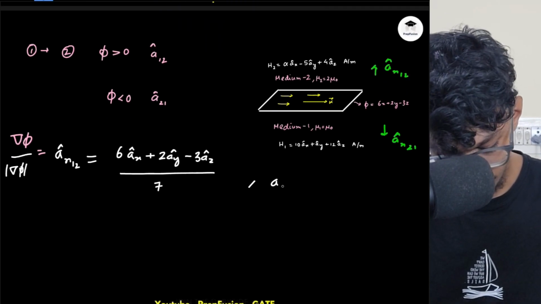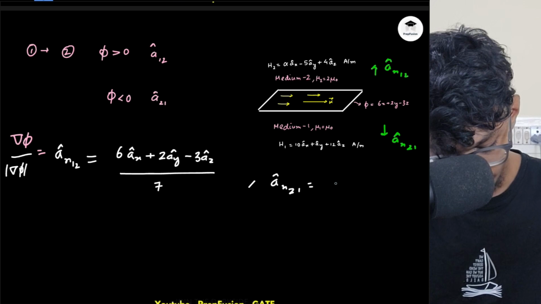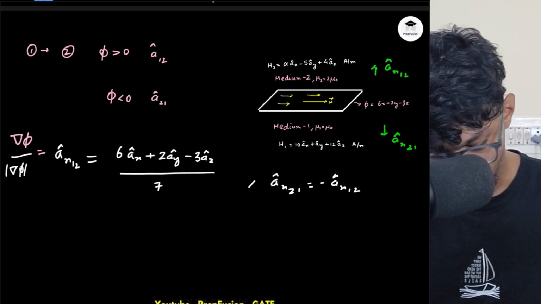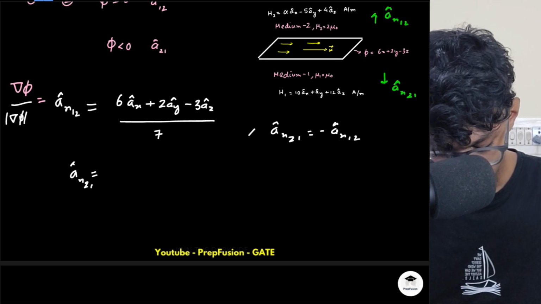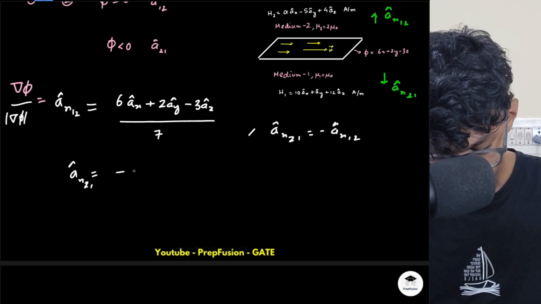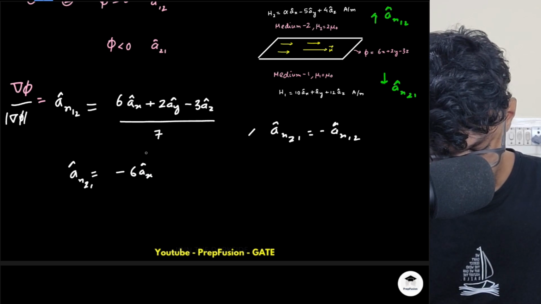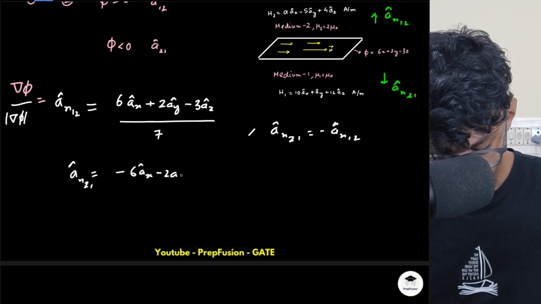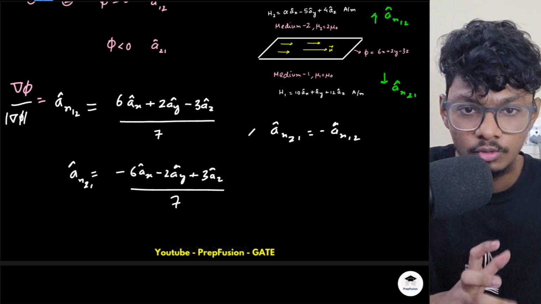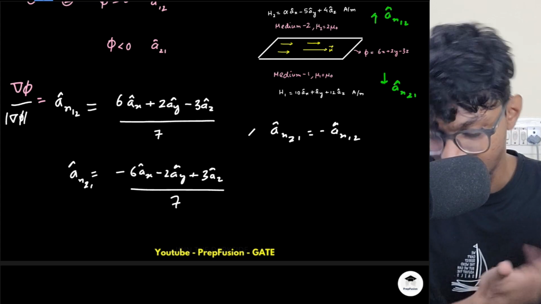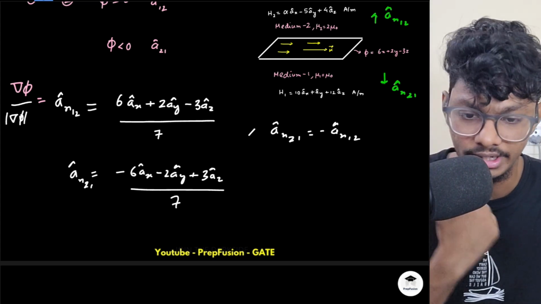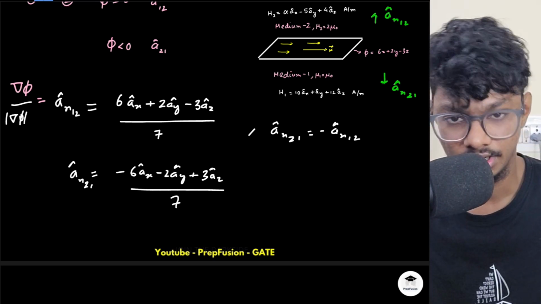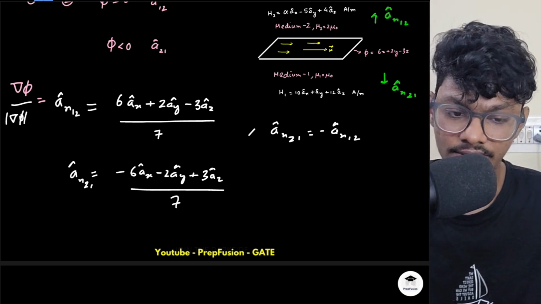I know a_n21 will be minus of a_n12. So the a_n21 vector will simply be minus 6ax minus 2ay plus 3az, divided by 7. So this was the only decoding thing about the question. After this, all things are simple. You just have to apply the boundary conditions and you will be able to identify the values. Only this was the interesting part about the question.